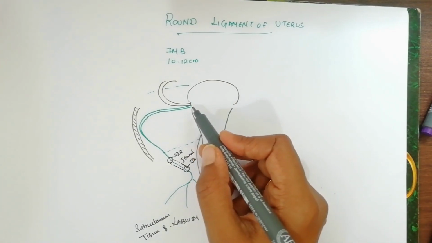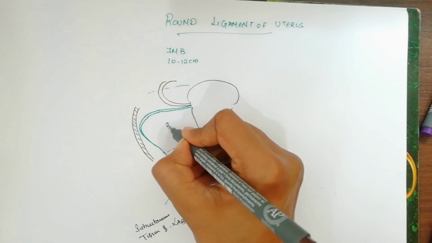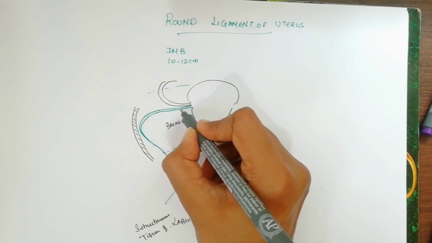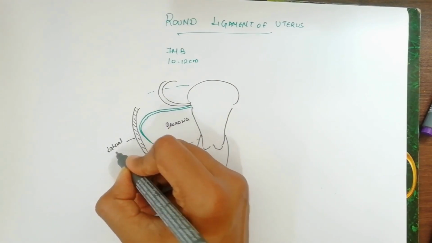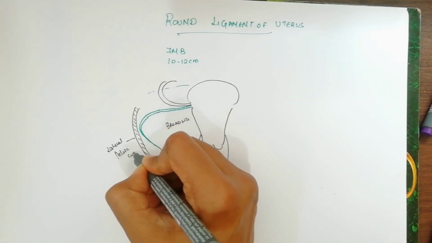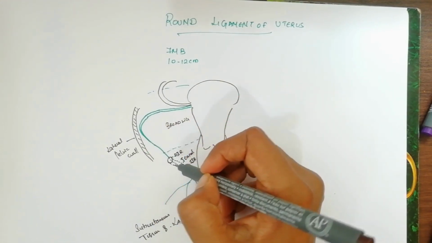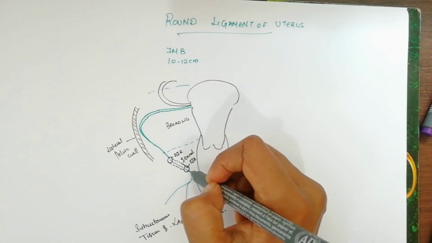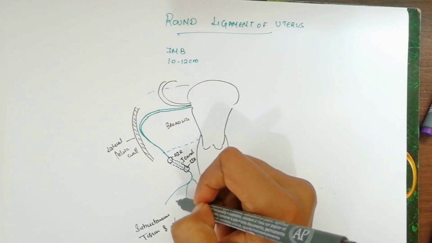So this round ligament takes its origin from the lateral angle, and it is passing through the broad ligament. Through the broad ligament it is passing, going laterally and reaching the lateral pelvic wall. After reaching the lateral pelvic wall, it is crossing, and then it is reaching the medial aspect, reaching the deep inguinal ring, passing through the inguinal canal, and then reaching the superficial inguinal ring, splitting into fibrous bands or threads.